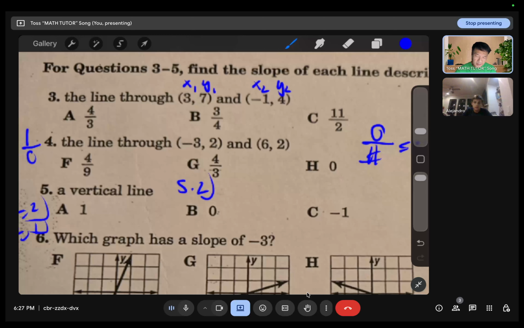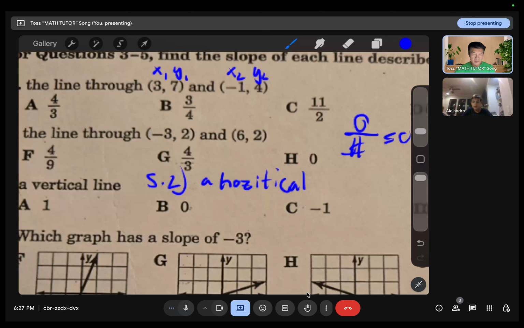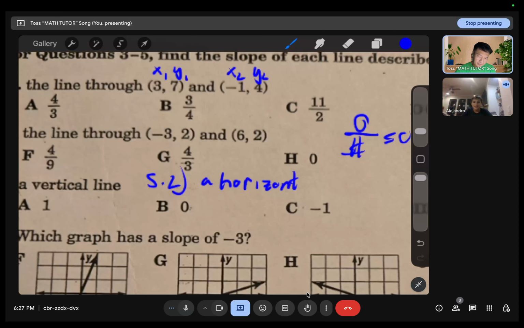Number 5.2 asks about a horizontal line, because this could be on the test. What would the slope be? Horizontal. So what if it's a horizontal line?